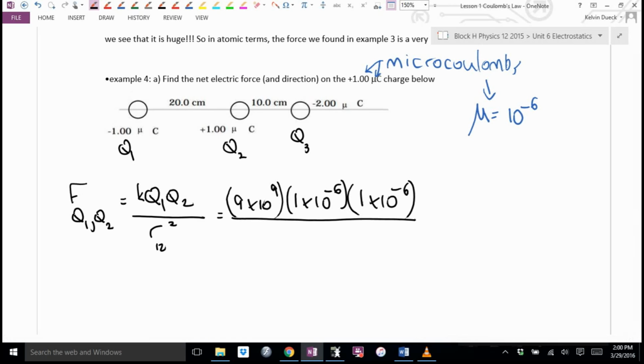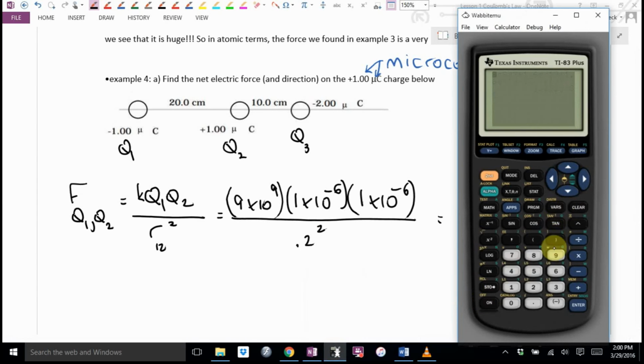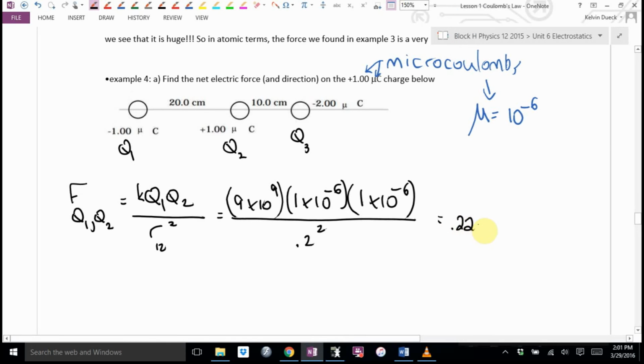Careful. 0.2, because it's centimeters, right? Squared. Nine times 10 to the 9th, 1 times 10 to the negative 6, 1 times 10 to the negative 6, divided by 0.2 squared. And I get 0.225. Someone else want to double check me? Yep. 0.225 what? Units.